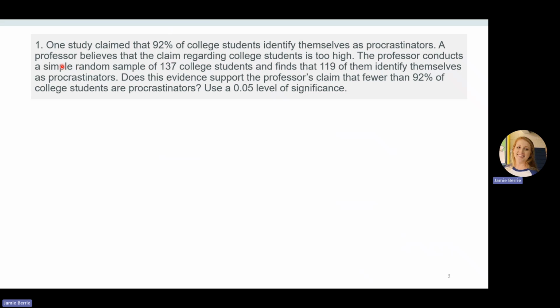The professor conducts a simple random sample of 137 college students, and they find that 119 of them identify themselves as procrastinators. So 119 out of 137. Does this evidence support the professor's claim that fewer than 92% of college students are procrastinators? Use a 0.05 level.